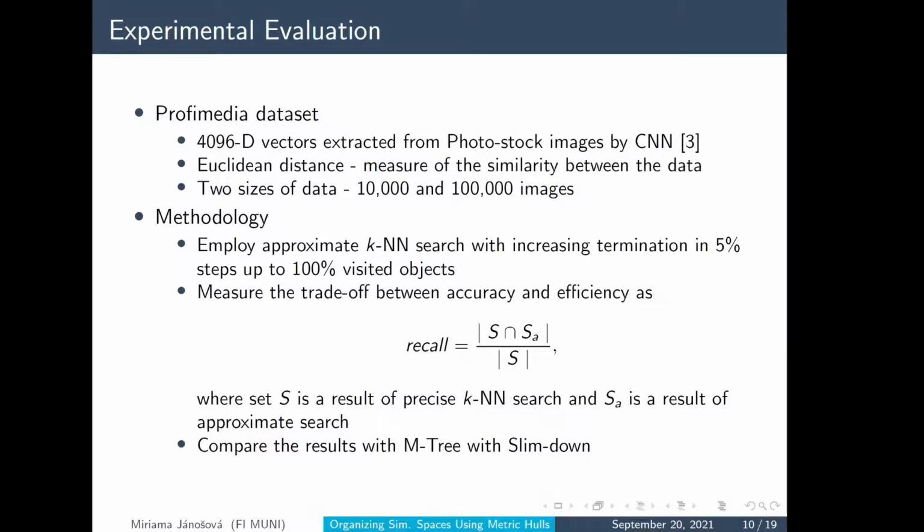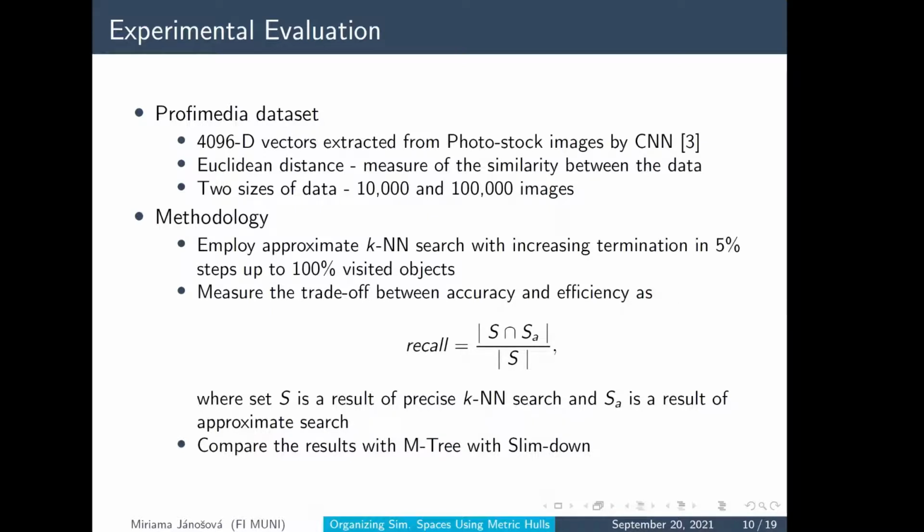To obtain the results, we employ an approximate k-NN search with increasing termination in 5% steps up to 100% visited objects. Subsequently, we measure the trade-off between the accuracy and the efficiency of a search, denoted as recall.